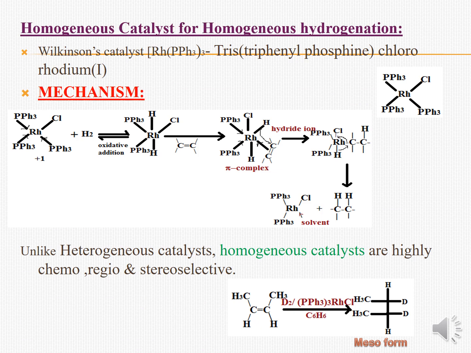Moving on to homogeneous catalysts. For homogeneous hydrogenation, Wilkinson's catalyst is used, that is tris(triphenylphosphine)chlororhodium(I) complex. This is the structure of RhCl(PPh3)3.